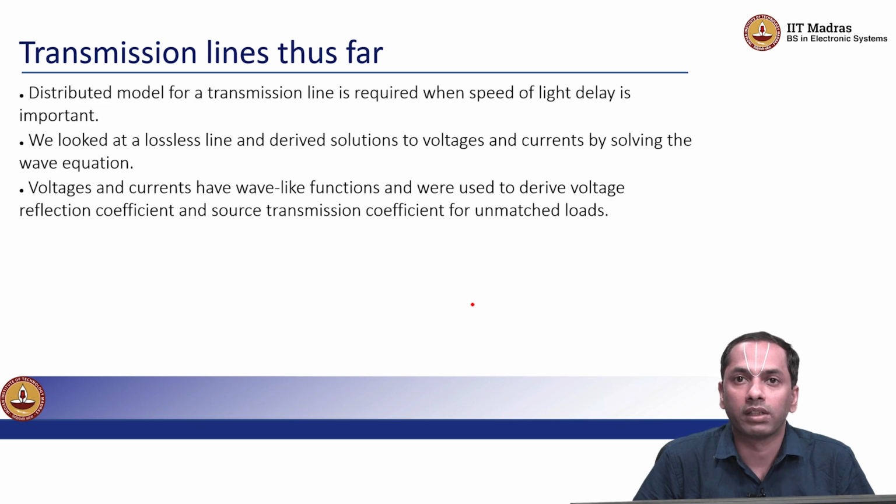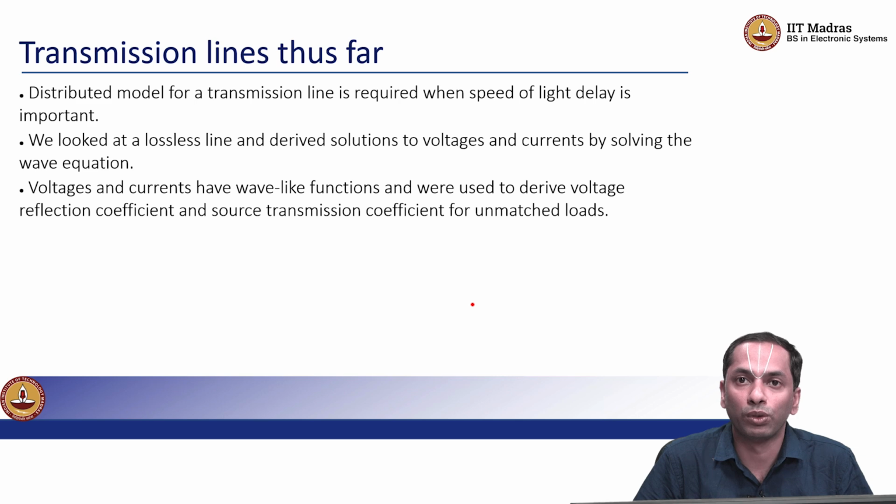So we notice that we get the voltages and currents now as functions of both space variable x and time, satisfying the telegrapher's equations, and these when combined and solved together lead to the wave equation.